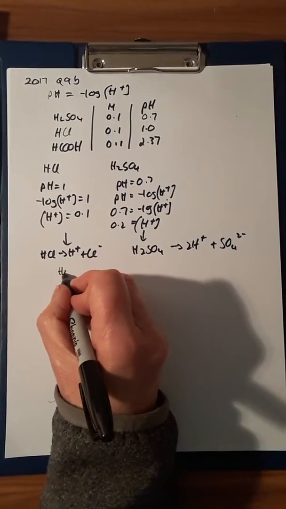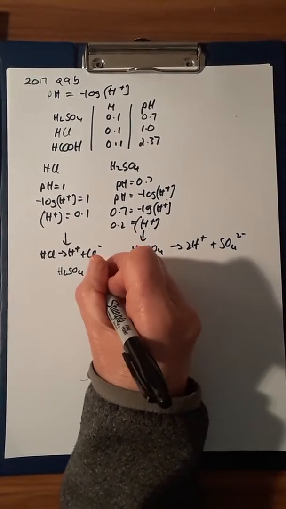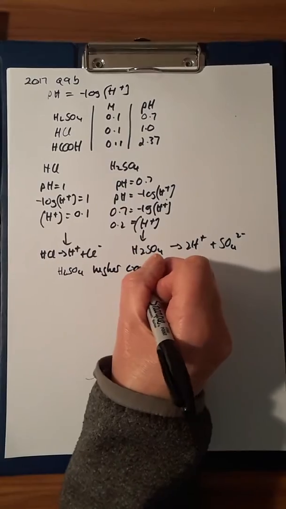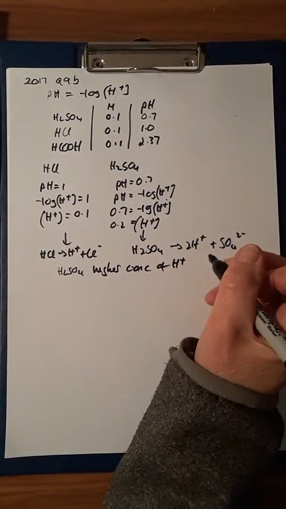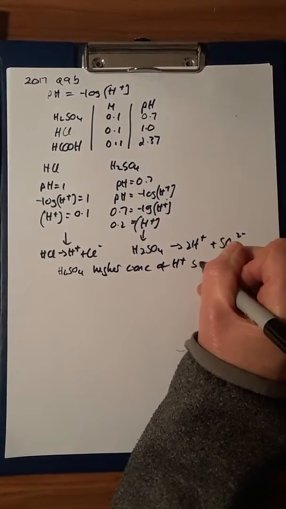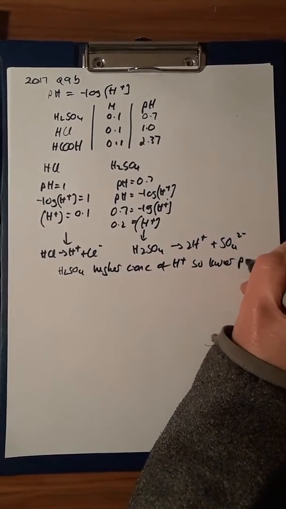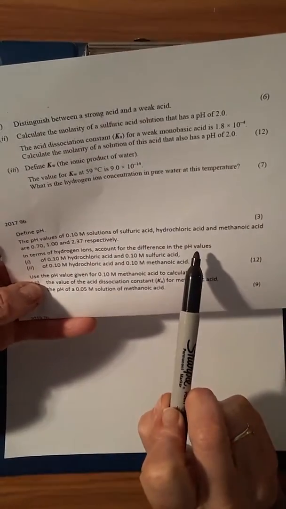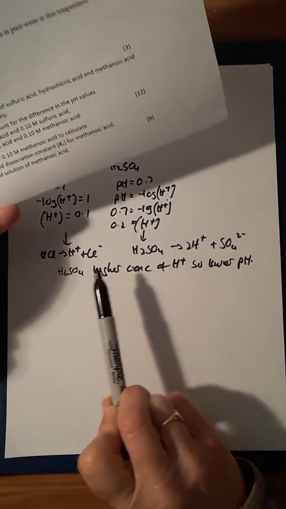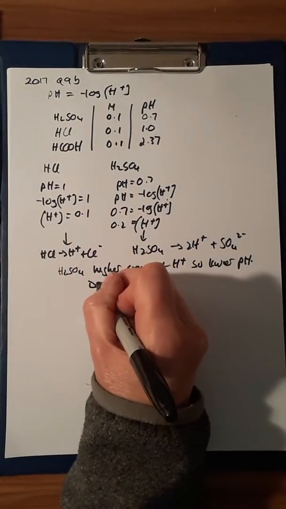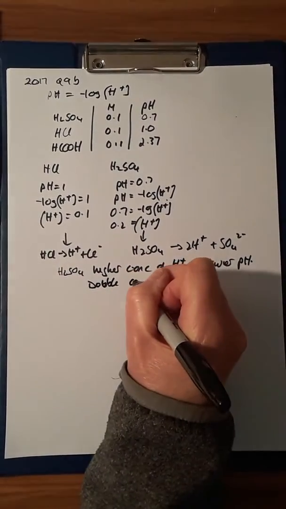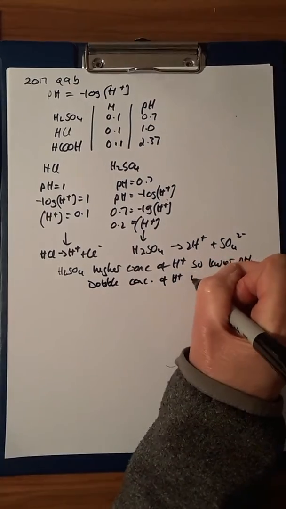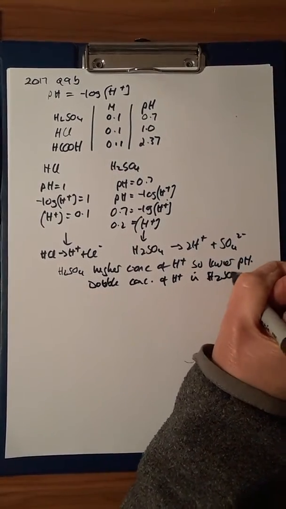So sulfuric acid has a higher concentration of H plus, so a lower pH. This is why you have a lower pH here, because they have double the concentration of H plus ions in H2SO4.